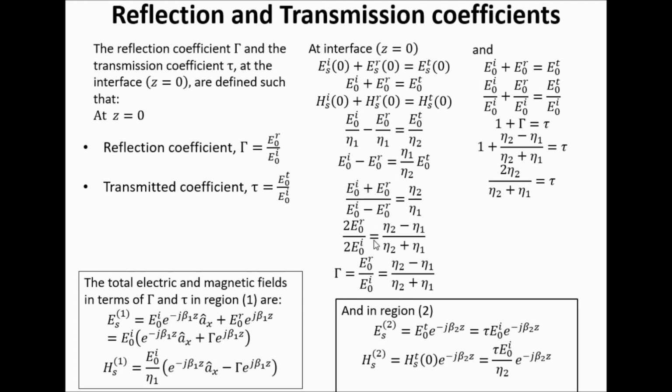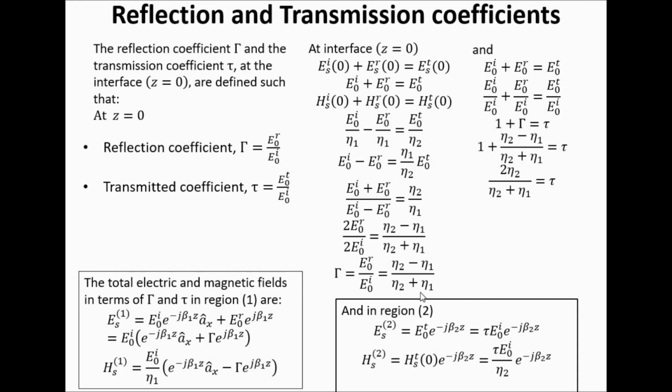So here we got the reflection coefficient, E0R over E0I, equal to eta 2 minus eta 1 over eta 2 plus eta 1. This is a very important formula to know. So this is how we can calculate the reflection.